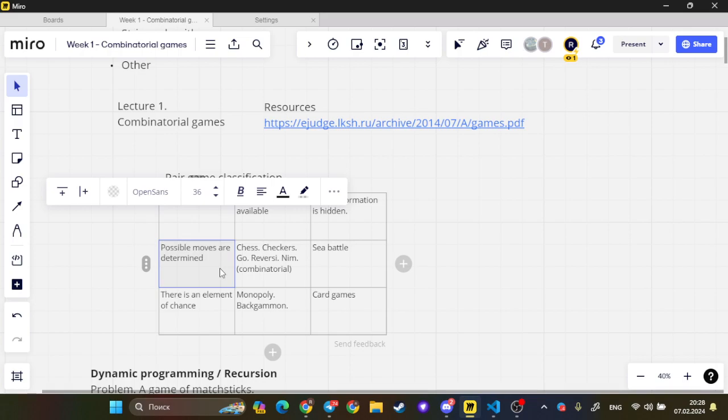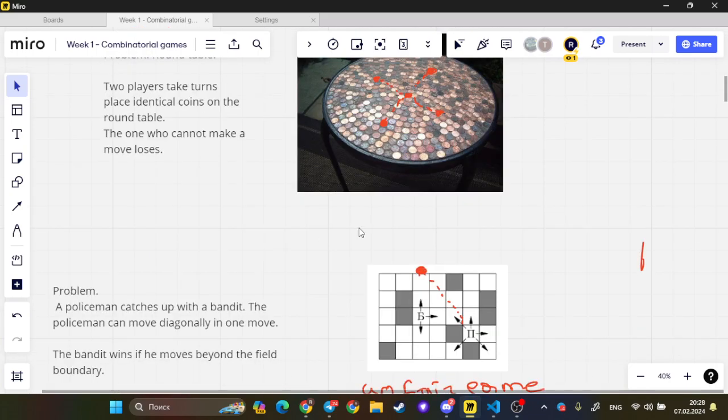It means we can find the strategy, and we can determine who wins, the first player or the second player.